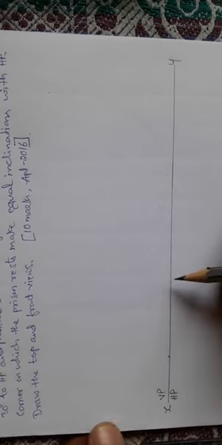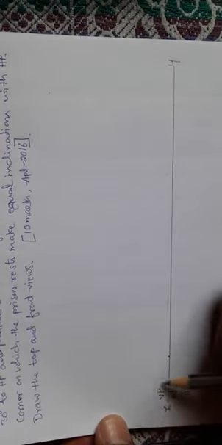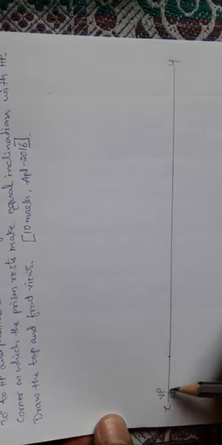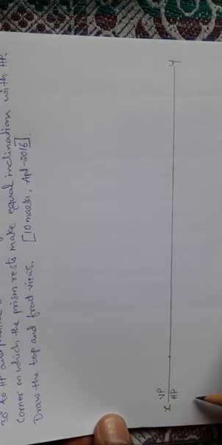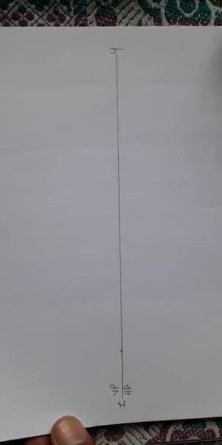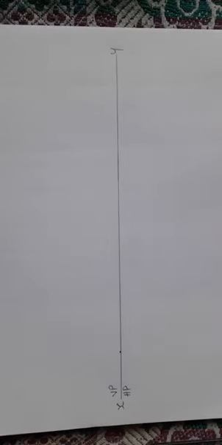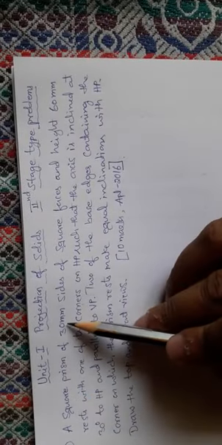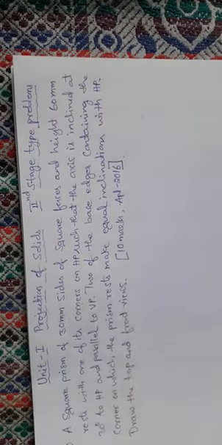Above the XY line is the VP, that is the vertical plane. Below the XY line is the HP, that is the horizontal plane. So first of all it is required to draw the base of the square prism, the square prism of sides 30.